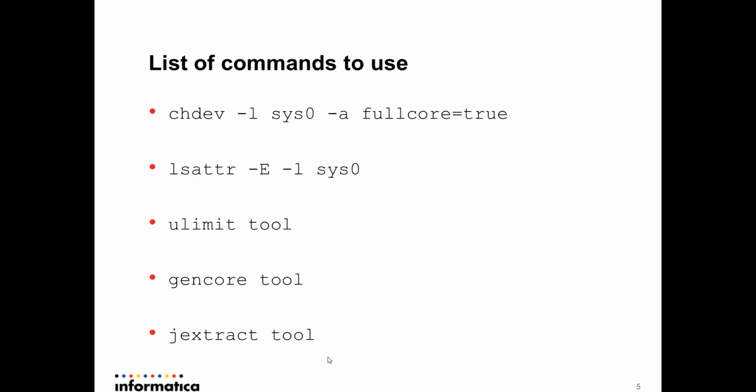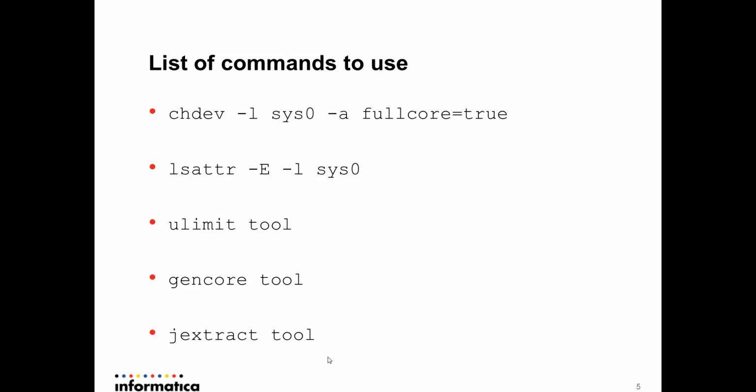So here in this slide, we show a list of commands where the first command will set the system to generate a full core out of a running process. And the second command will basically list out all the attributes of the system with which you can verify whether the full core dump is enabled or not.